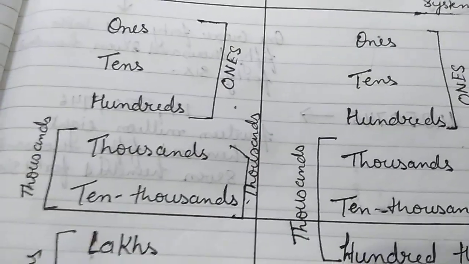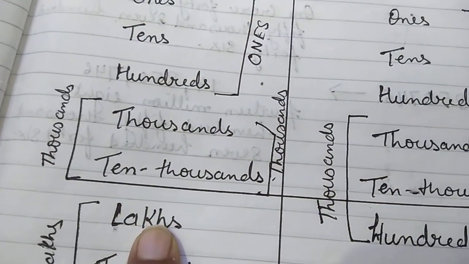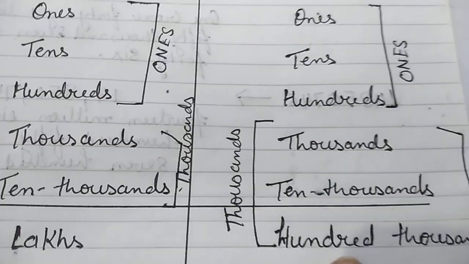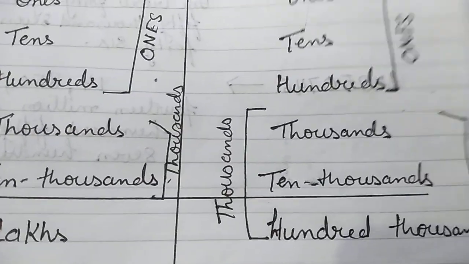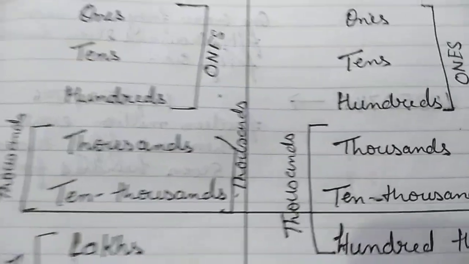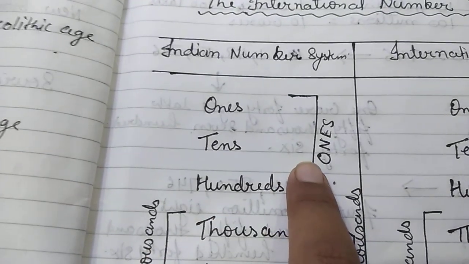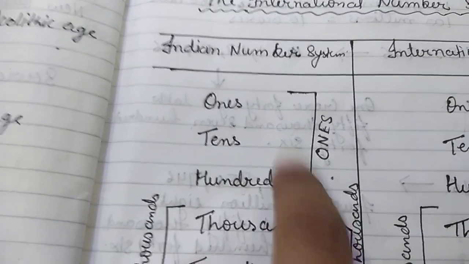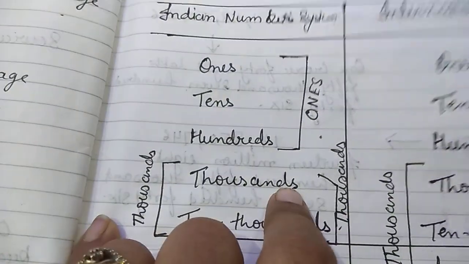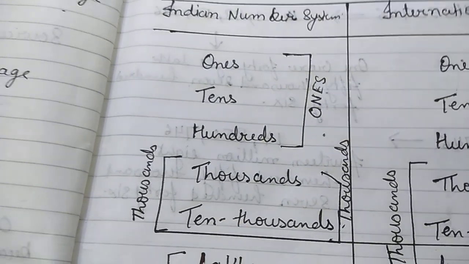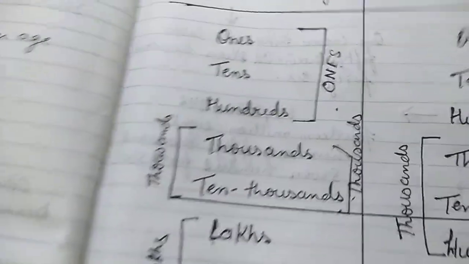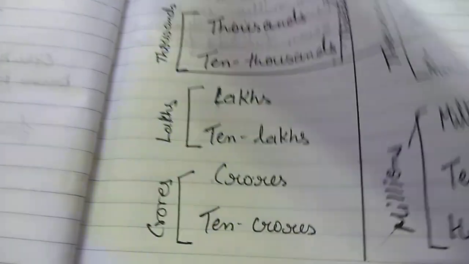After 10,000, in the Indian number system, lakh is coming, and in the international number system, 100,000 is coming. Why is it so? Because in the Indian number system, only the ones period has 3 digits. Ones, tens, hundred. After that, every period has 2 digits: 1,000, 10,000, lakh, 10 lakhs, crore, 10 crores, like this.